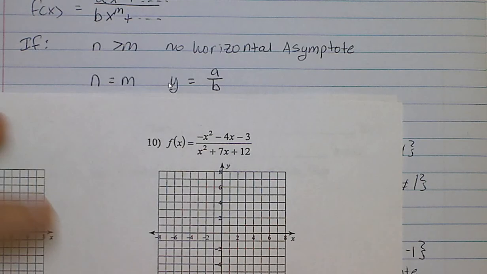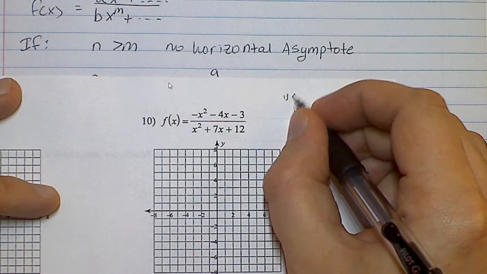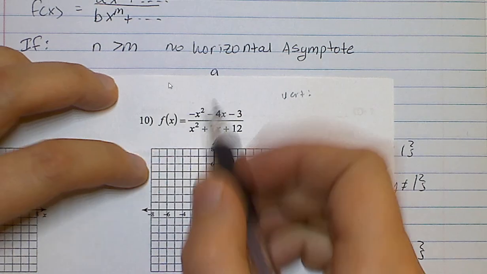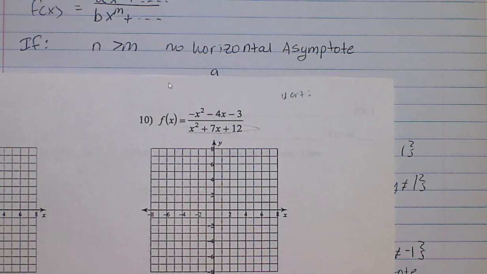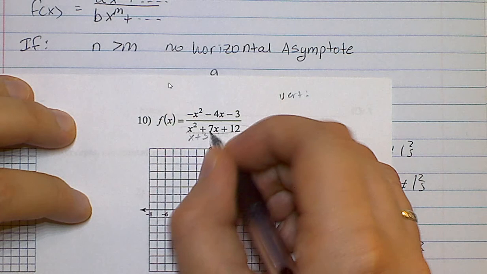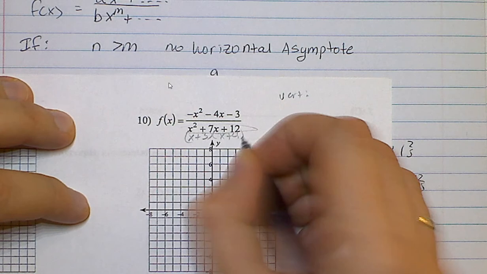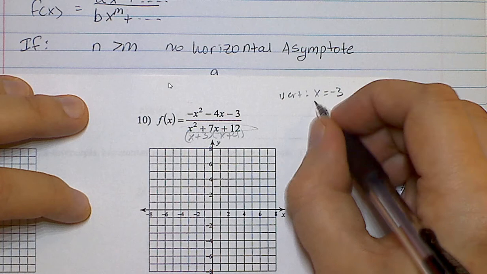All right. So first thing you want to find is what are going to be the vertical asymptotes. To find the vertical asymptotes, you're going to focus on the denominator and factor that. 3 and 4. Great. x plus 3, x plus 4. So x equal to -3 is one asymptote, and x equal to -4 is another asymptote.